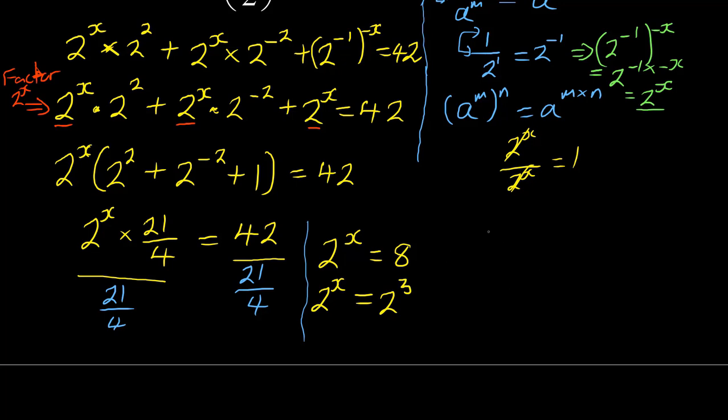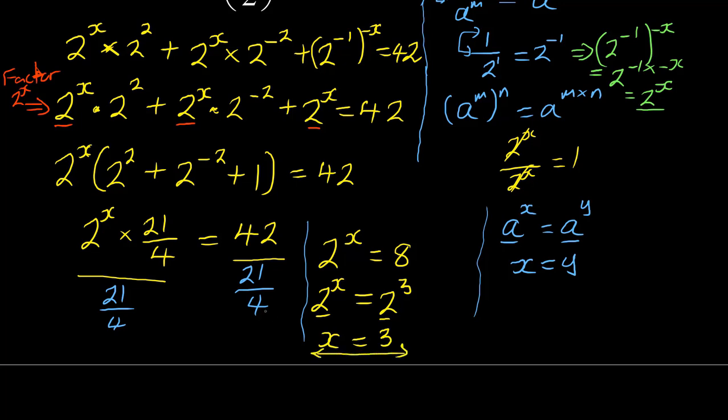And if you remember, we have an exponential equation law which says a to the power of x is equal to a to the power of y. So if the bases are the same, you equate the exponents, it means x is equal to y. So in the same way, the bases are the same, therefore x is equal to 3. So that is how we can solve for x in that exponential equation.